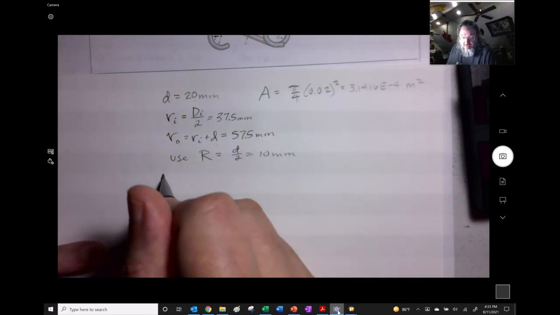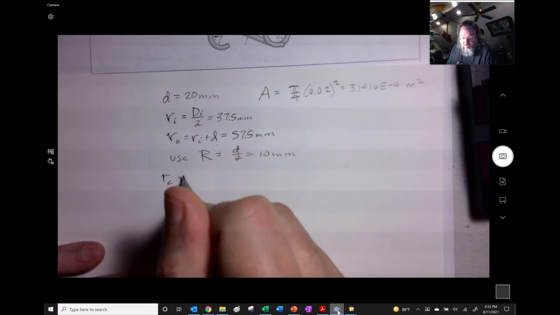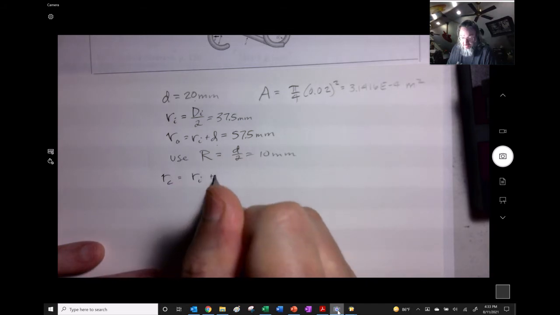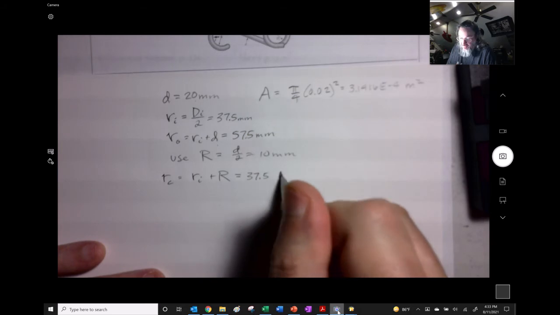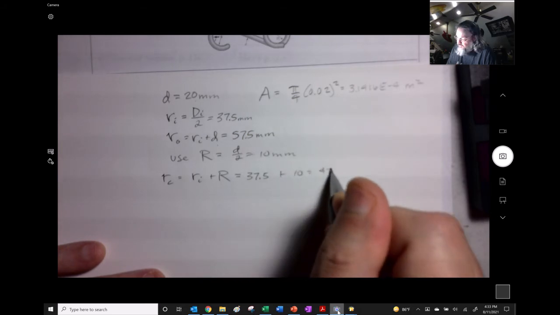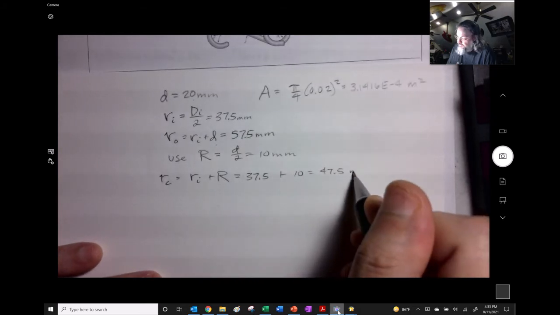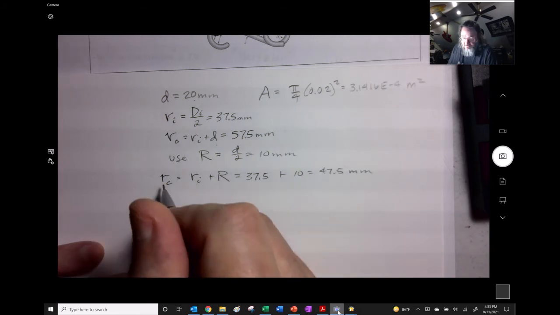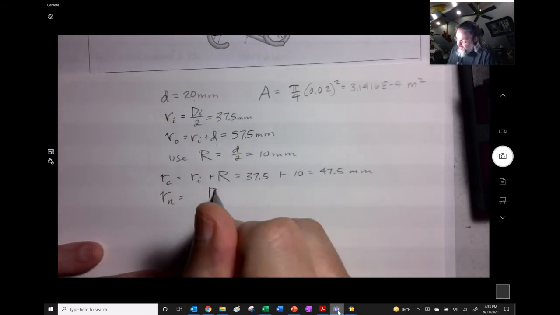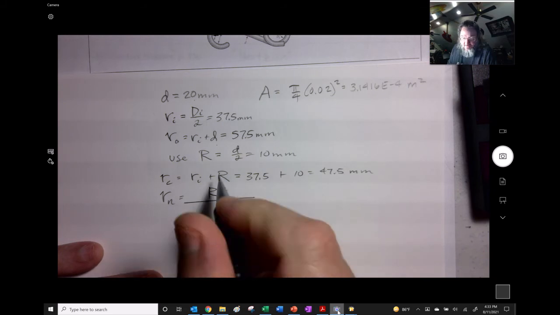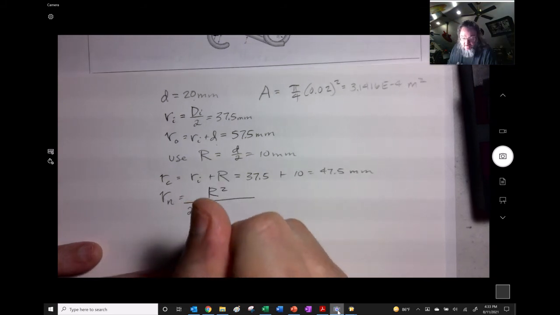We see that we have an RC equal to RI plus capital R, or 37.5 plus 10, 47.5 millimeters.